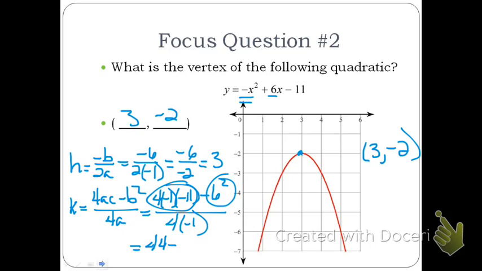Minus 6 to the second power is 36, all over 4 times -1, which is -4. 44 minus 36 is equal to 8, and over -4. So a positive divided by a negative equals a negative. 8 divided by 4 is 2. So there we confirmed our 3, -2, using the formulas.